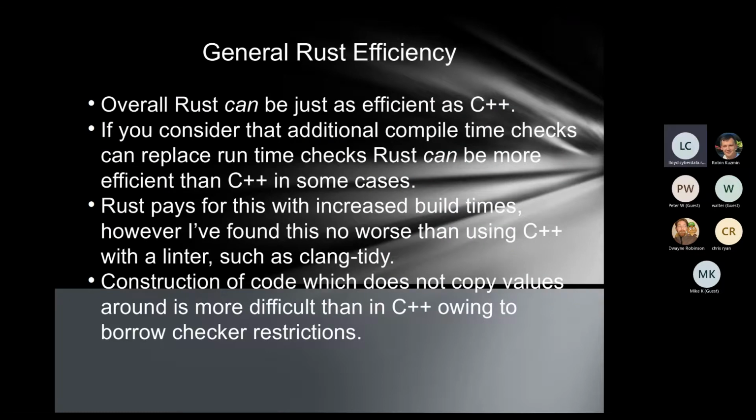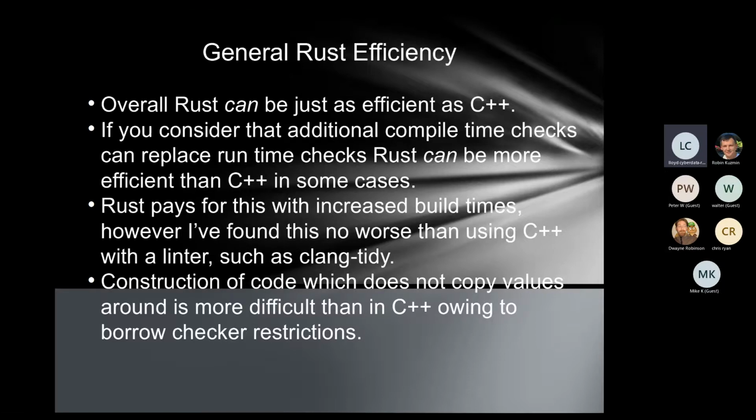In general, Rust can be just as efficient as C++, or I'll even go one step further, can be just as efficient as C. The compile-time checks take place at compile time. And if that saves you having to put checks into your actual code, then Rust can actually be more efficient, because there's a way to pull those checks essentially out of the runtime. You do pay for this. One of the complaints about Rust is the build time is fairly long, and it can be.